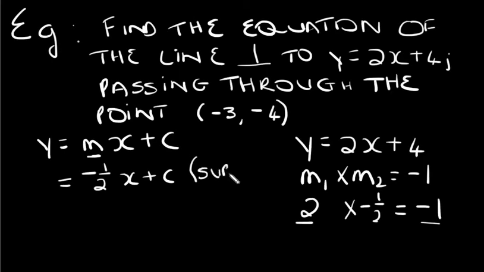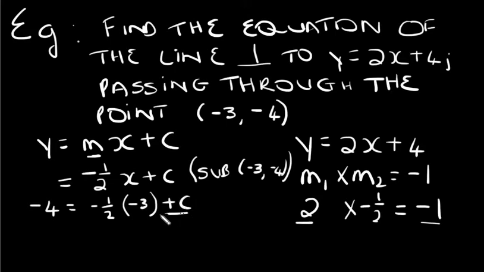And we're going to sub in negative 3 and negative 4. So where we see y, we substitute negative 4. And where we see x, we substitute negative 3. What are we solving for? We are solving for c. So there we've got our negative 4.